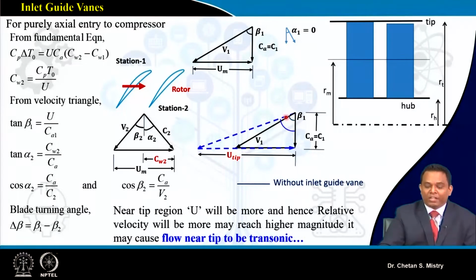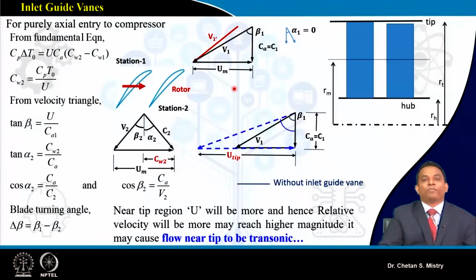So you can understand, if I put the 3 different stations we have seen earlier, at half station my V1 is less, at mid station my V1 will be increasing, and at the tip station we will be having our relative velocity to be high. Now in order to manage that, let's say I want to reduce my relative velocity. What is the reason?